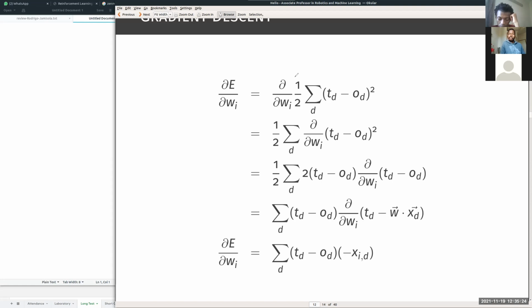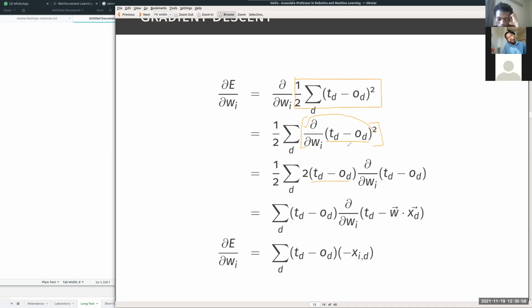Now we take the partial of this with respect to Wi. You go inside because this is a summation, and that's fine. Once you take the derivative, you bring the 2 here, and then the derivative of the inside with respect to Wi.